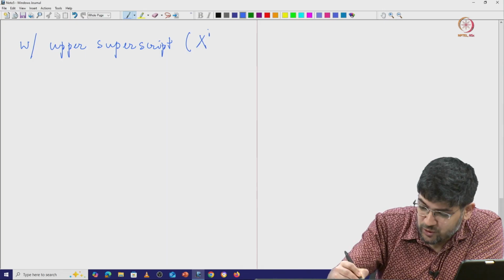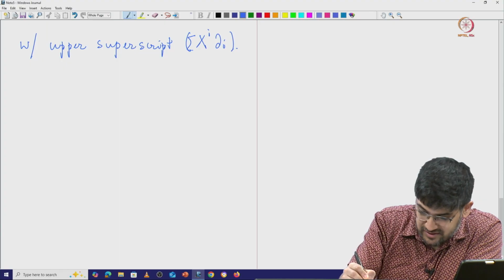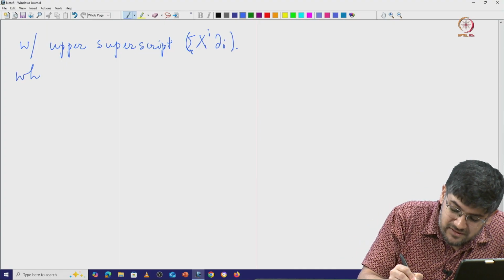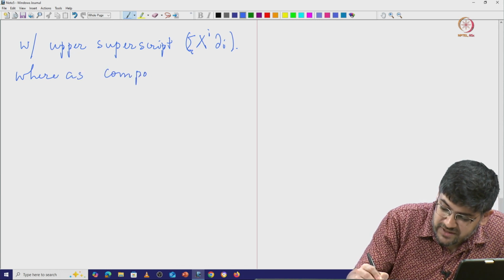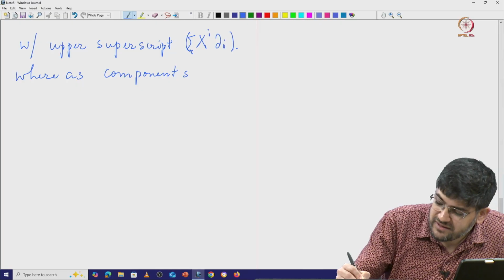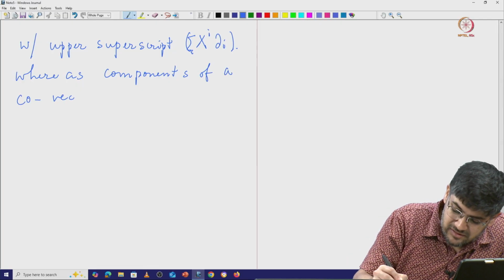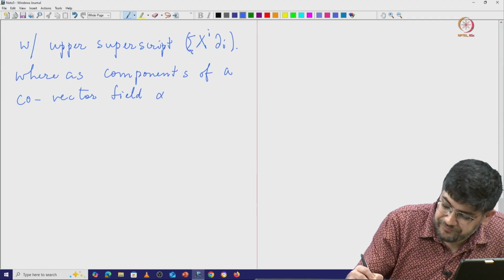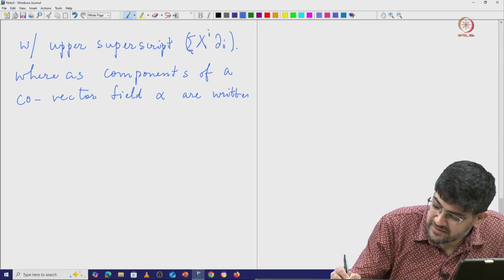Whereas components of a covector field are written as subscripts.